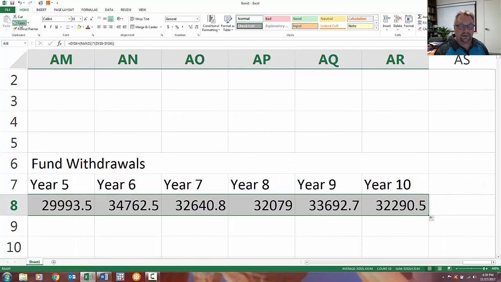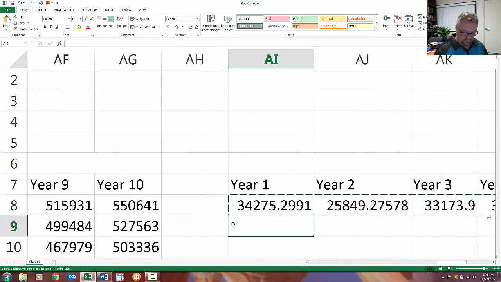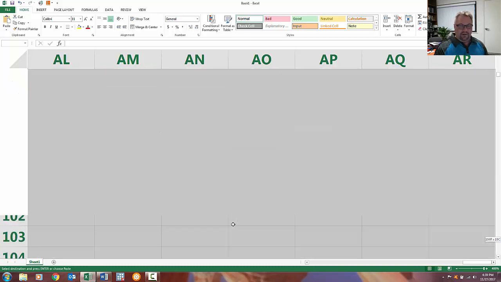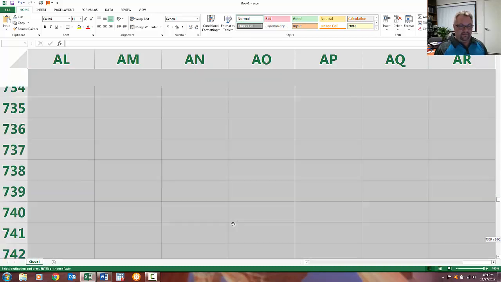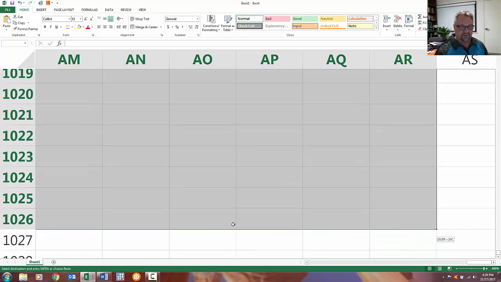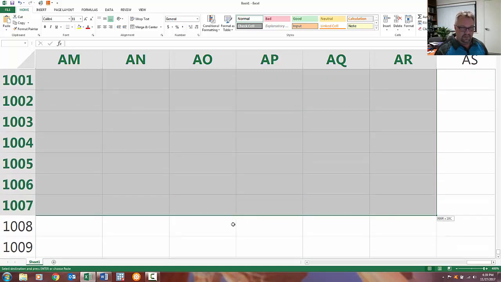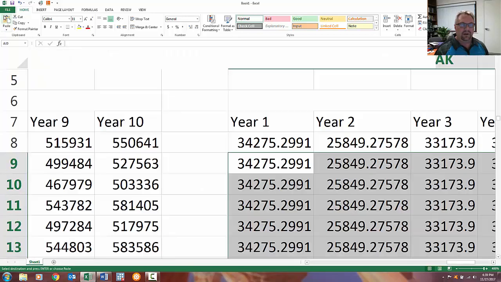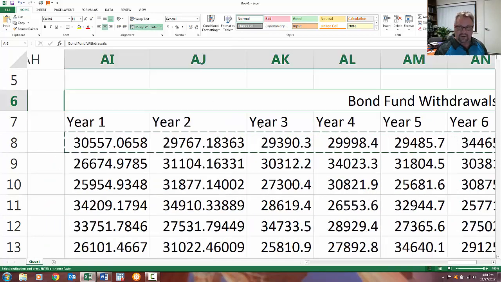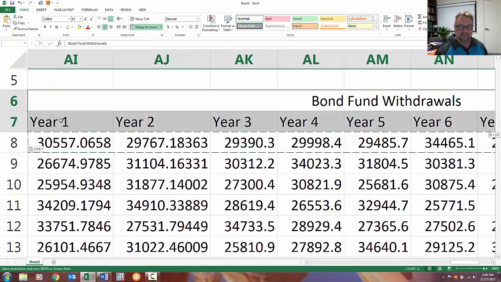And of course, copy it down. There we go. And we go to 1007 again. Let's see if I can get close. Oh, not even close. Okay. Paste.